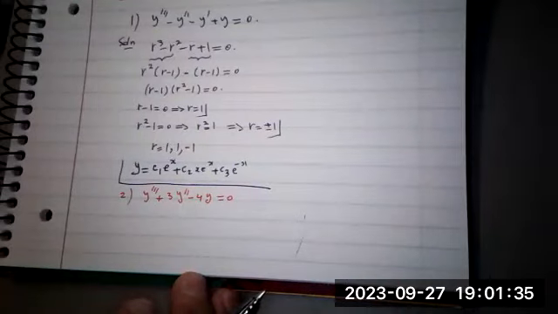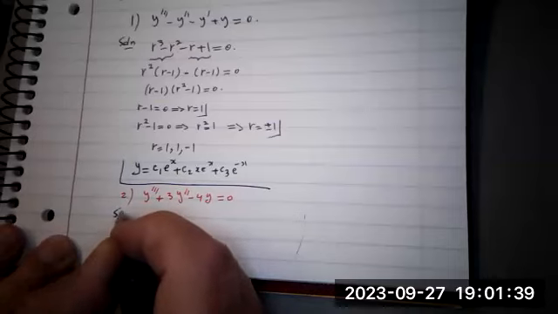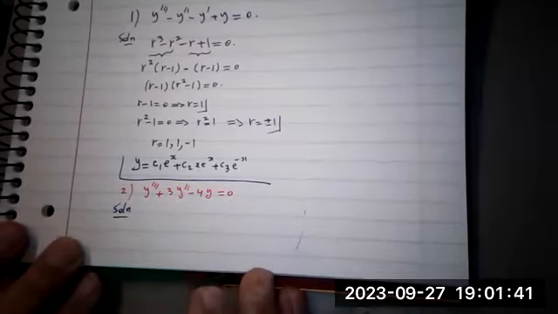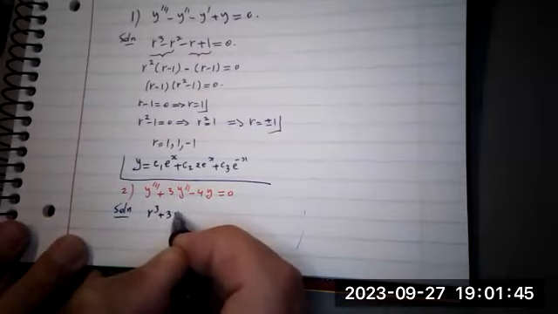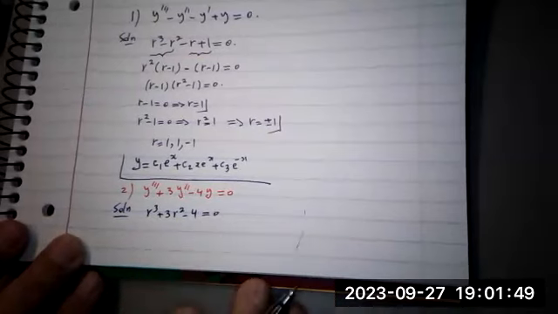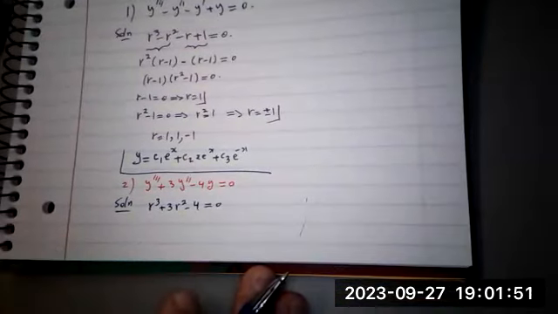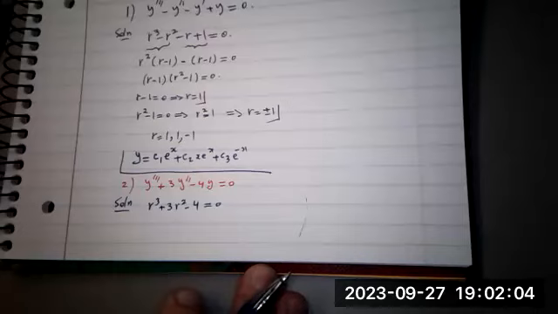How about this one? What is the characteristic equation? R cubed plus 3r squared minus 4 equal to 0. Okay, how are we going to factor this or solve this equation?